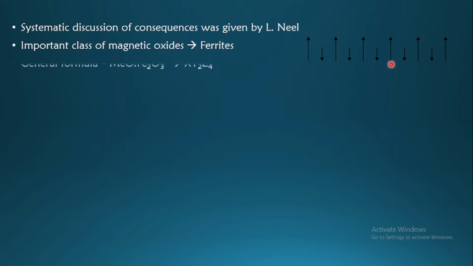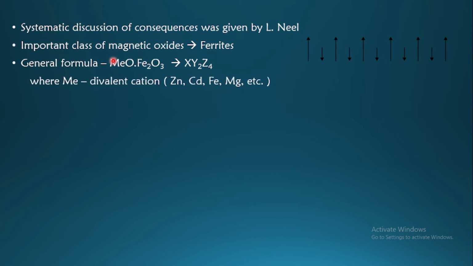Then moving to its chemical formula, the general formula for ferrite is MeOFe2O3. Me is nothing but a divalent cation, so it is something like a metal. Examples are zinc, cadmium, iron, manganese, magnesium, nickel, copper, cobalt.